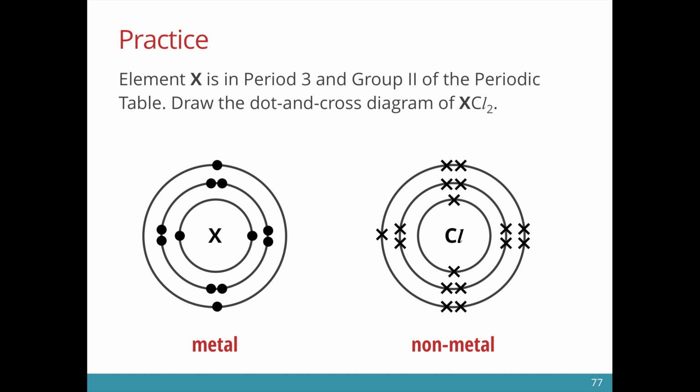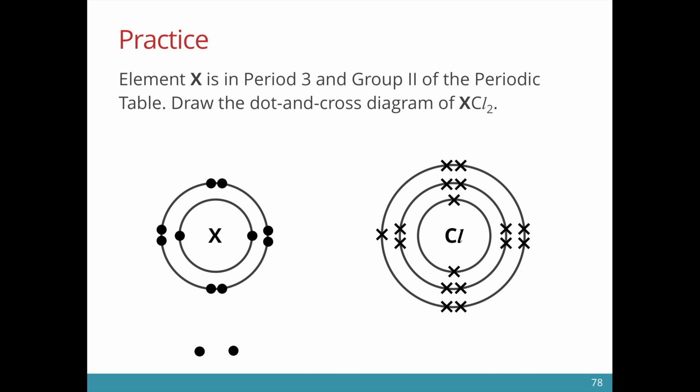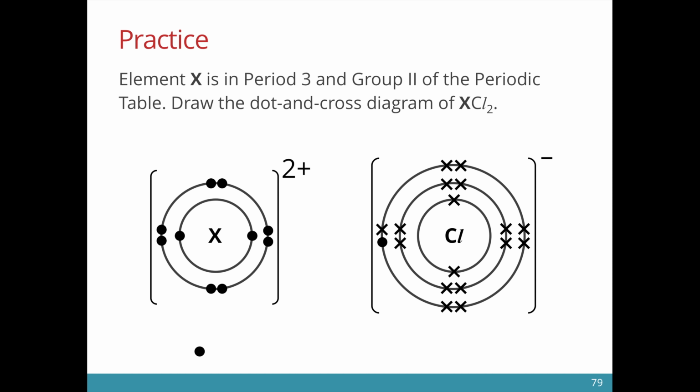X is a metal. Chlorine is a non-metal, so therefore the compound form is ionic. Element X can lose 2 valence electrons to form a cation with a 2+ charge. Chlorine, on the other hand, would want to gain only 1 electron to form the chloride ion.